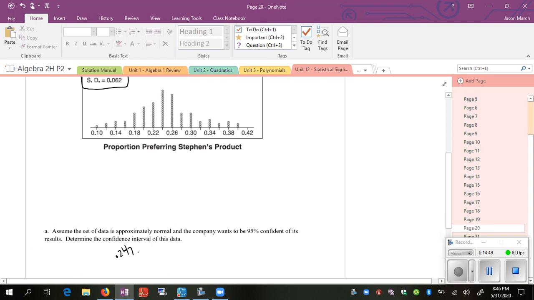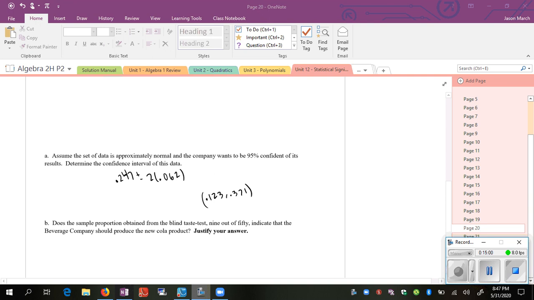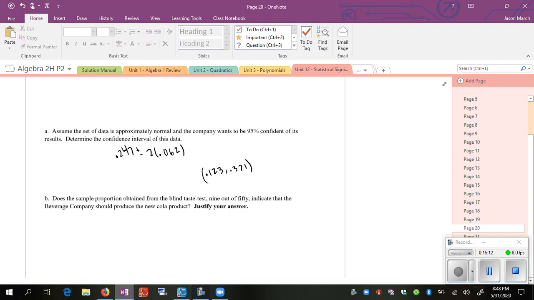So we have 0.247 plus or minus 2 times 0.062. All right, and we're going to create our confidence interval from that. So I got 0.123 to 0.371. And then part B is about determining whether our sample proportion of 9 out of 50, so 9/50ths, is equal to 0.18.